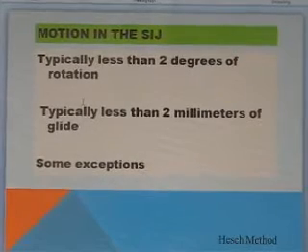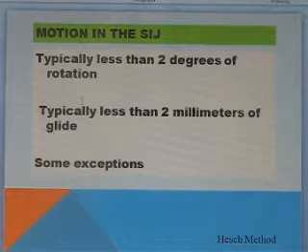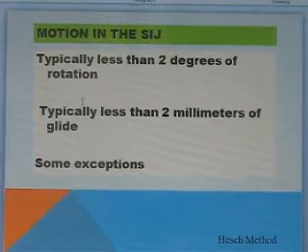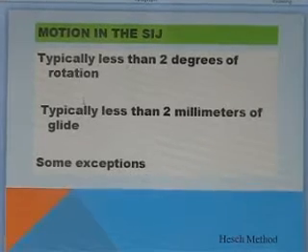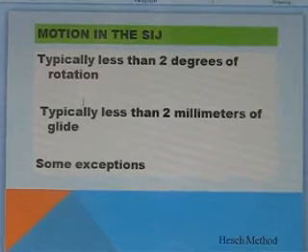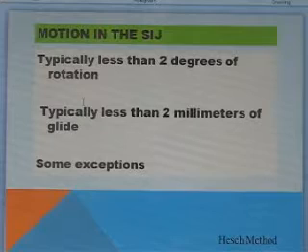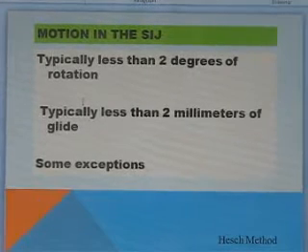Typically there's less than 2 degrees of rotation on one SIJ, and typically less than 2 millimeters of glide. There are some exceptions. Of course, there are a pair of sacroiliac joints and a symphysis pubis, so total motion is greater than that.